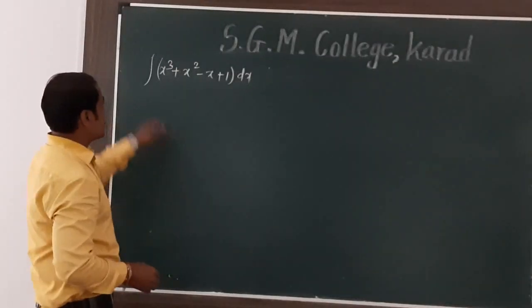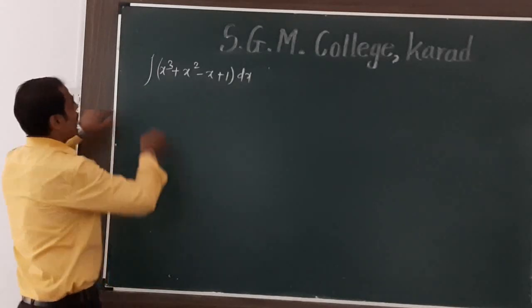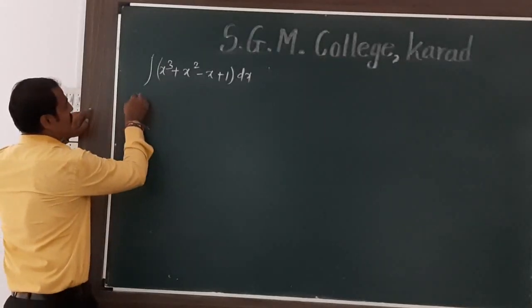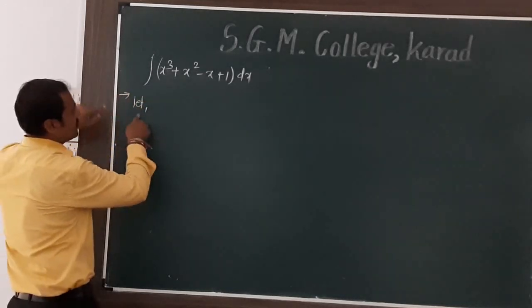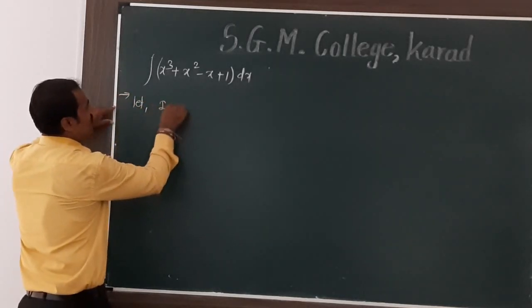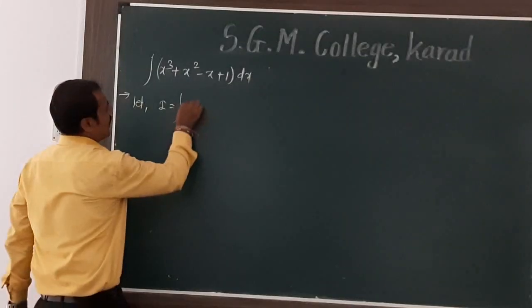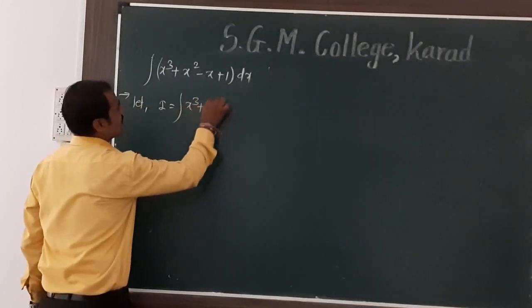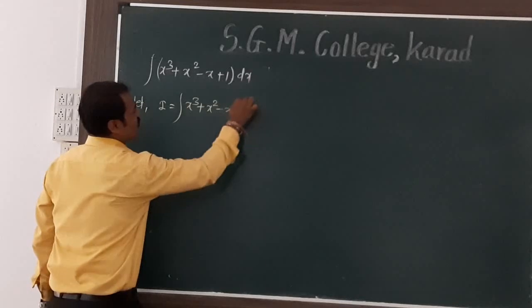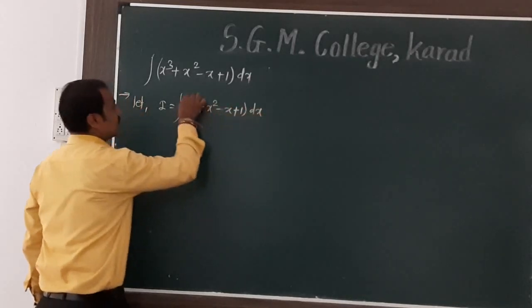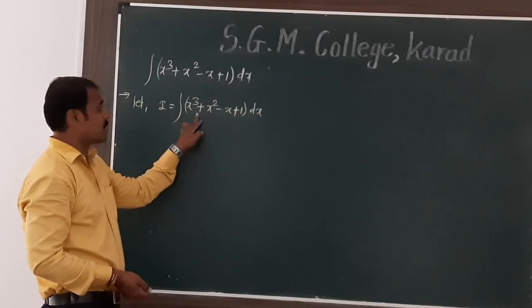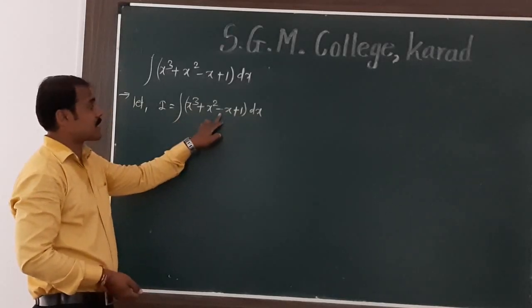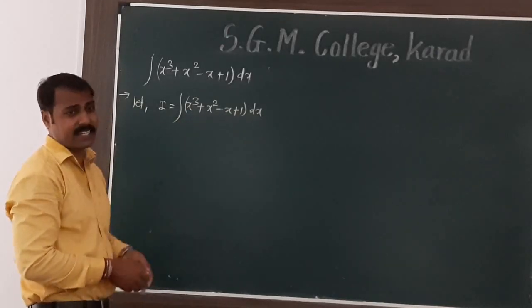First denote the given integration by I. So the solution is: let I is equal to integration of x cube plus x square minus x plus 1 dx. Now look here. Inside the integration there is addition, there is subtraction, and here is again addition.